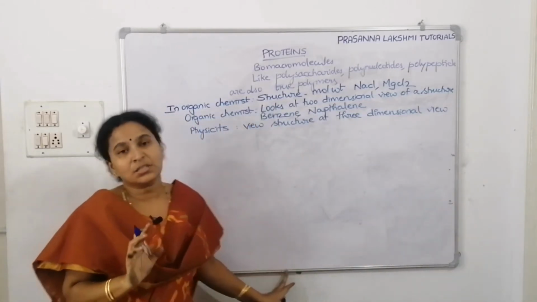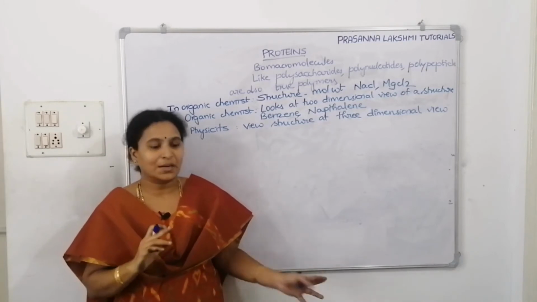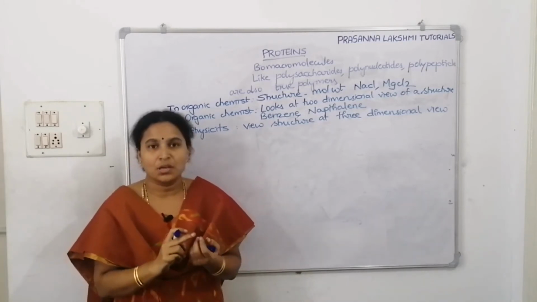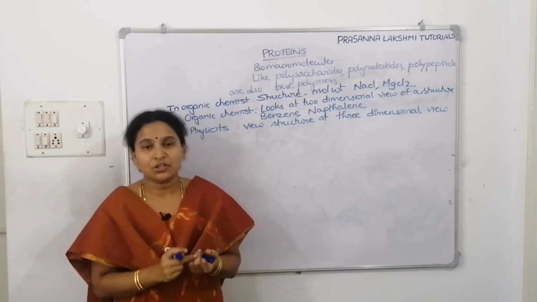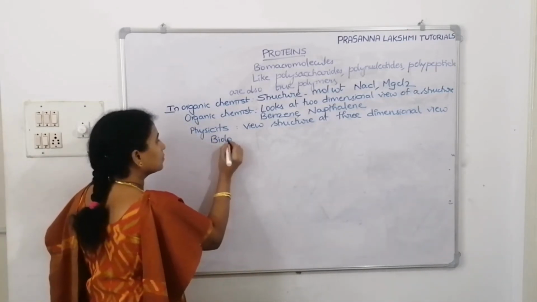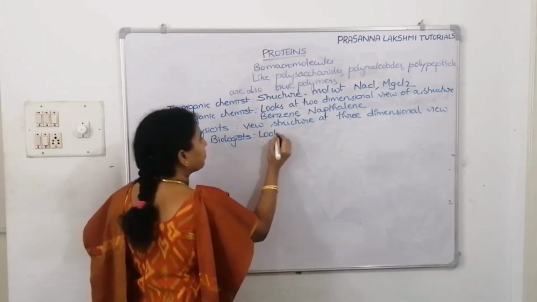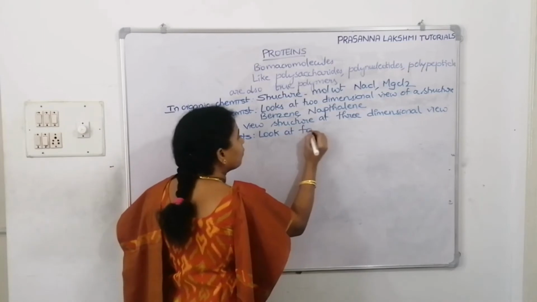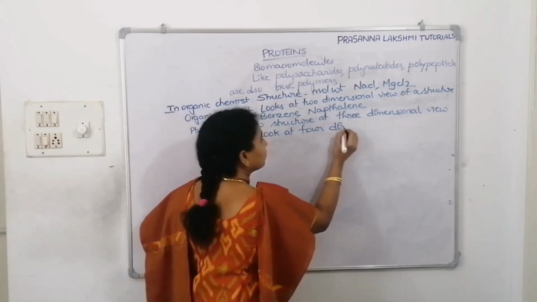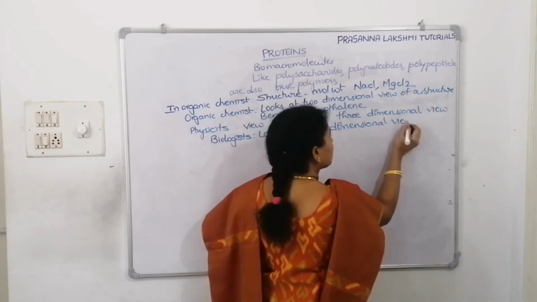Whereas biologists look at the four-dimensional view of a structure, looking at primary, secondary, tertiary and quaternary structures of proteins. So biologists look at the four-dimensional view of structures.